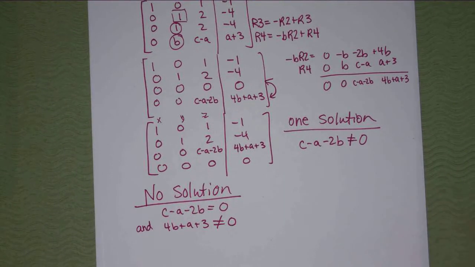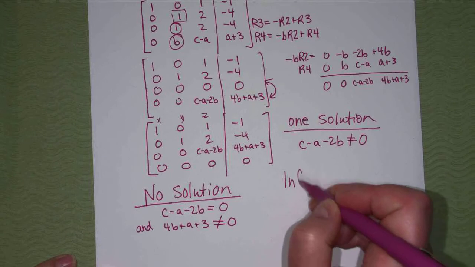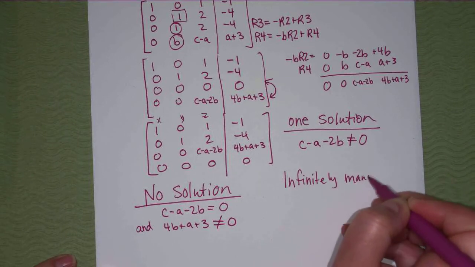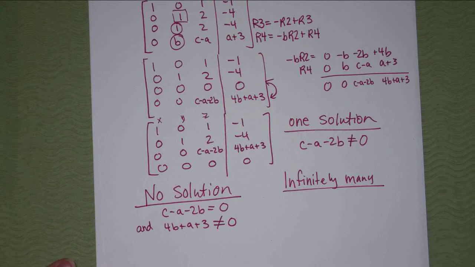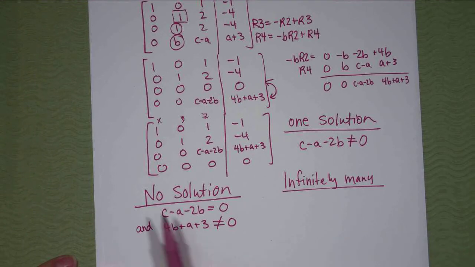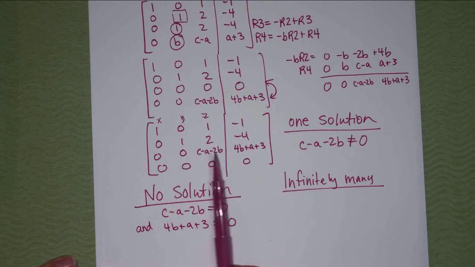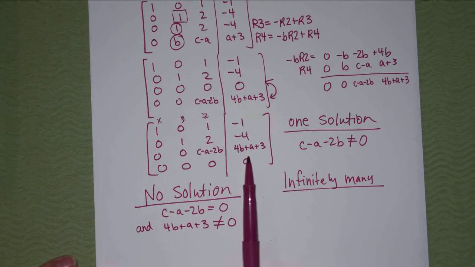And then what about infinitely many? We need a free variable, so we have X as a lead 1, Y as a lead 1. We don't want Z as a lead 1, so we would want this to be a 0. But this would also have to be 0, so that it wouldn't be no solution.